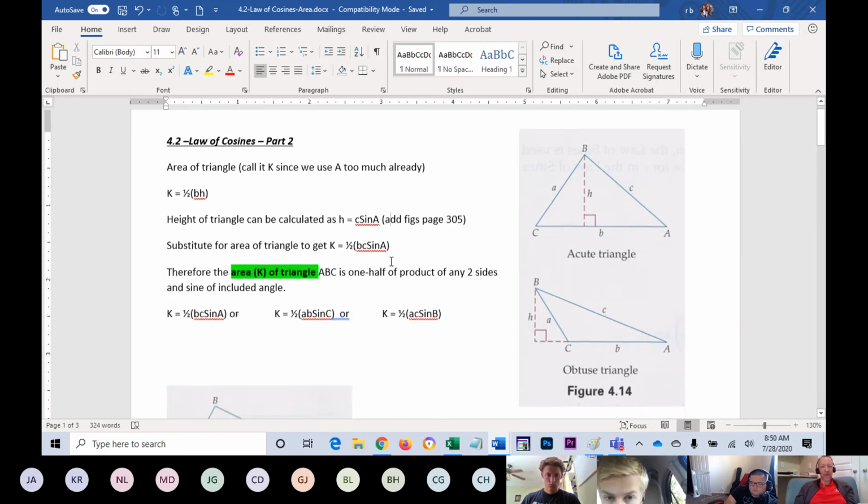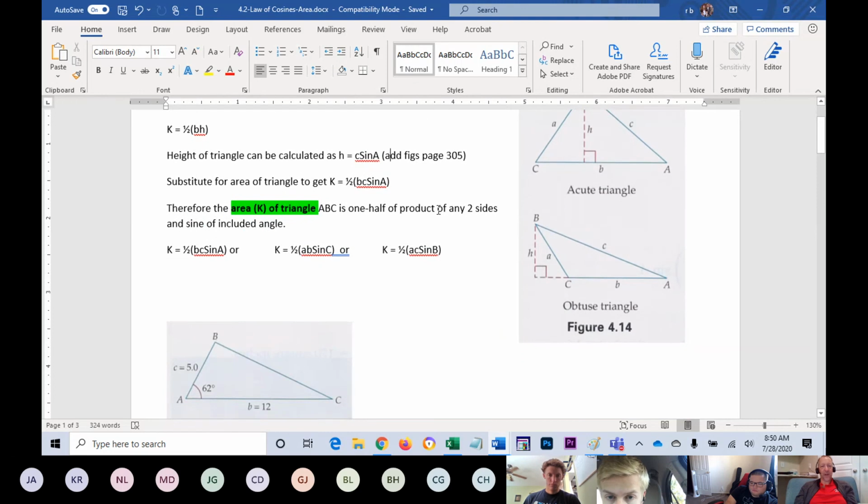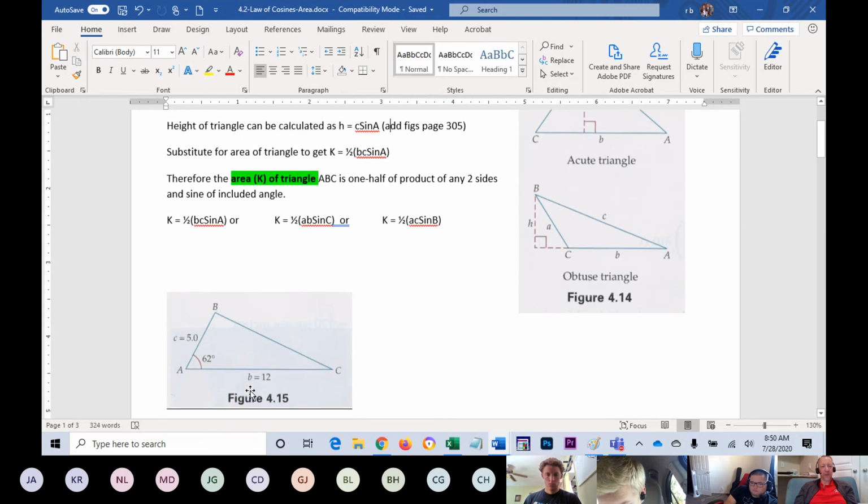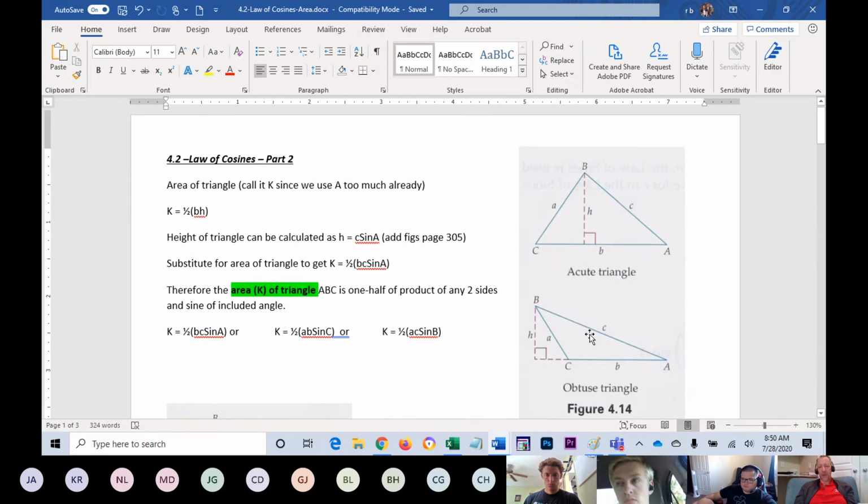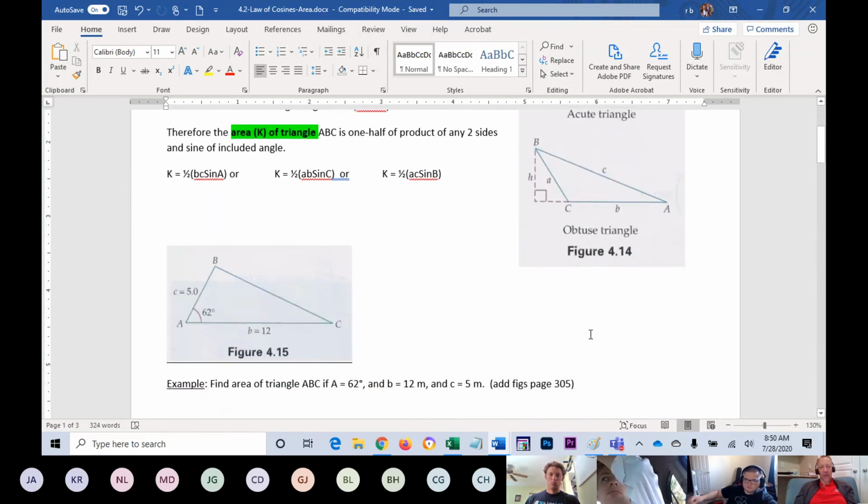So the area of the triangle ABC is 1/2 the product of any two sides and the sine of the included angle. If you've got two sides and the included angle, you can find the area of a triangle, and it doesn't matter whether it's an acute triangle or an obtuse triangle.